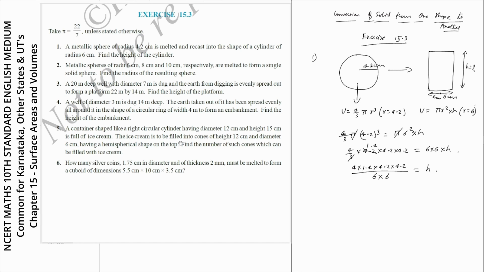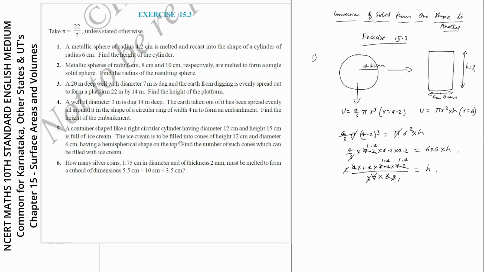Now 2 twos are 4, 2 threes are 6. Then again 2 twos are 4, 2 threes are 6. Now 3 ones are 3, 3 ones are 3, 3 fours are 12.